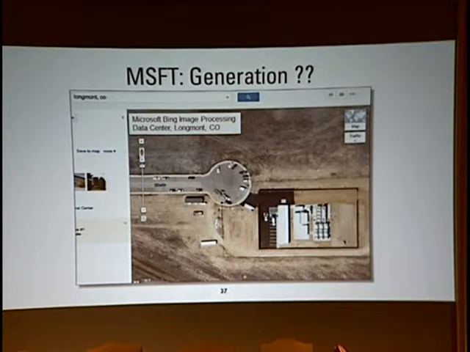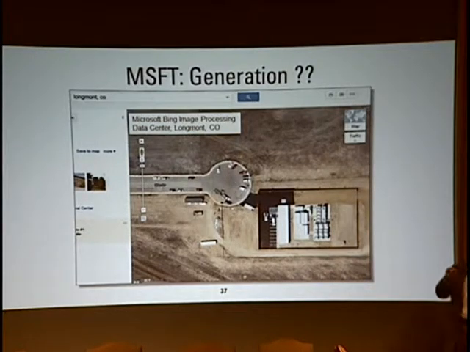This is Microsoft's Bing image processing site. So Dean was talking about 50 petabytes of data that he put in. These guys put in 55 petabytes of disk in these 2 Dell containers, okay? And they expect to run out of capacity in about a year, and they're going to put in another 55 petabytes of capacity in that.